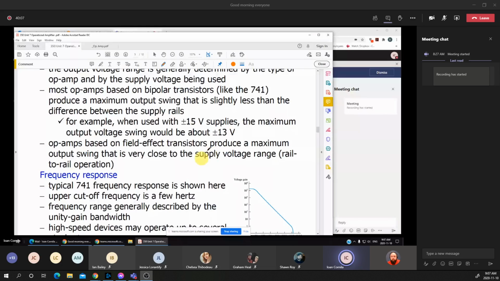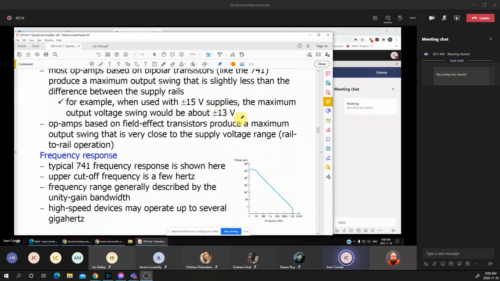That means that we can have a swing in the output voltage of 26 volts, let's say peak to peak. That's why, based on the supplied voltage, the output voltage is always the supply voltage less by 1 or 2 volts. That's a practical value. That's why I put an example of what to expect in labs, what to expect in the practical value of the output on the op amps.